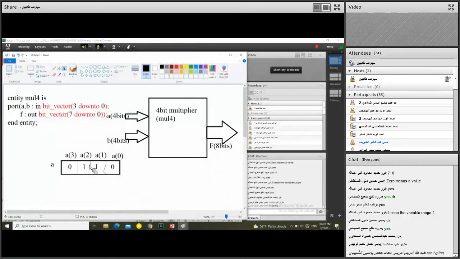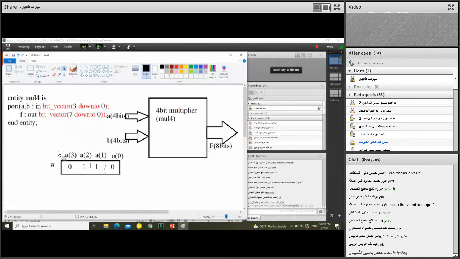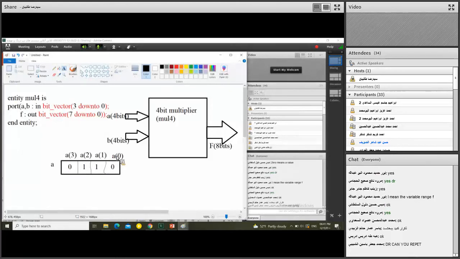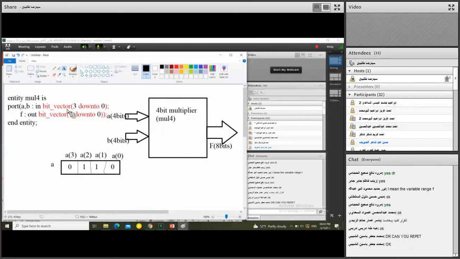Okay, Mr. Yasser, as you can see, here we have A. A is a 4-bit number. We say A 3 down to 0. It means that, now I am repeating my speaking, here we have A. A is a 4-bit number. We say A 3 down to 0.